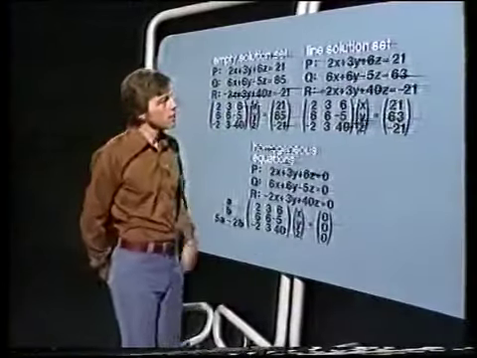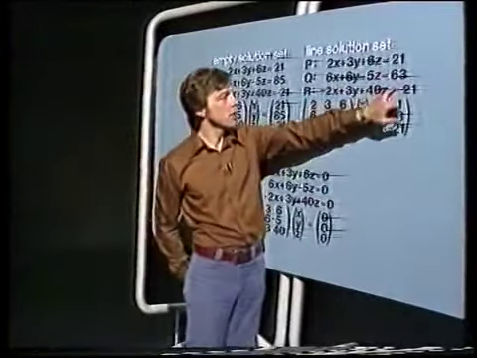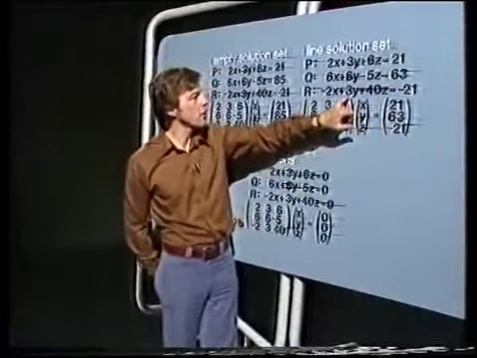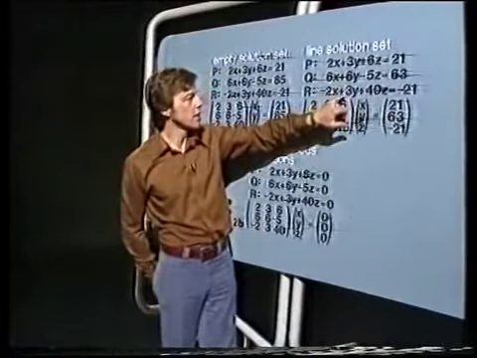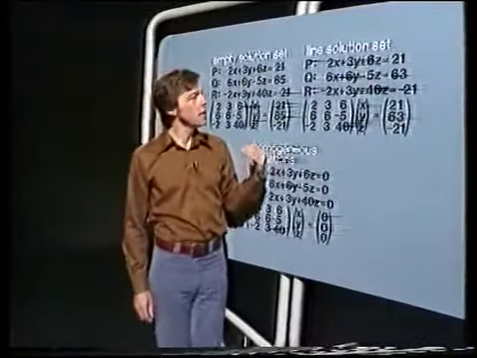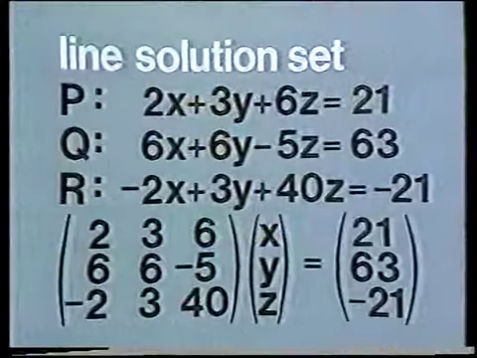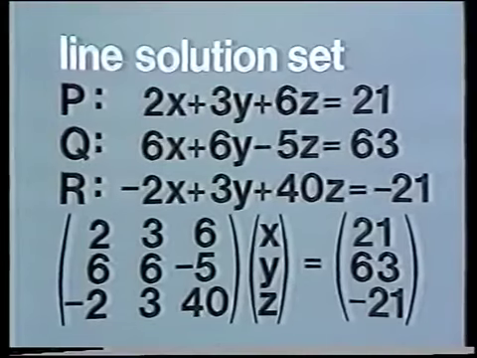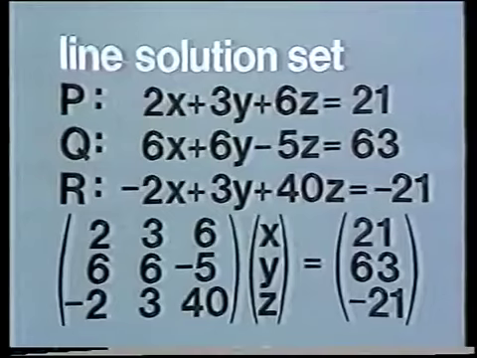Because you see, if the right-hand sides of these equations are in the same linear combination as the left-hand side, then essentially one of these equations is just a linear combination of the other two and is giving you no extra information. And all the information is contained by two equations, in other words, can be represented by two planes, and the solution set is just the line of intersection of those two planes.